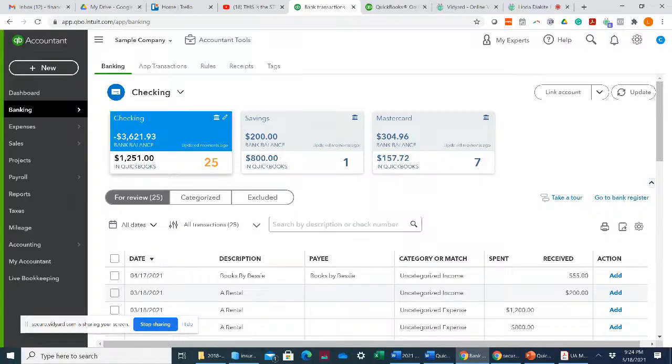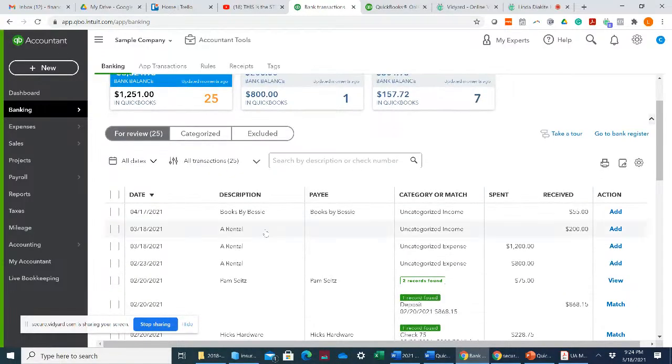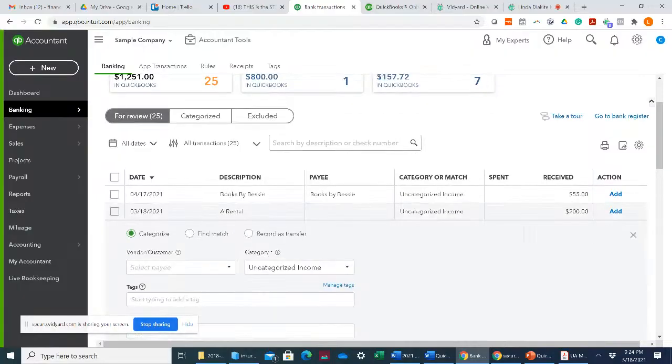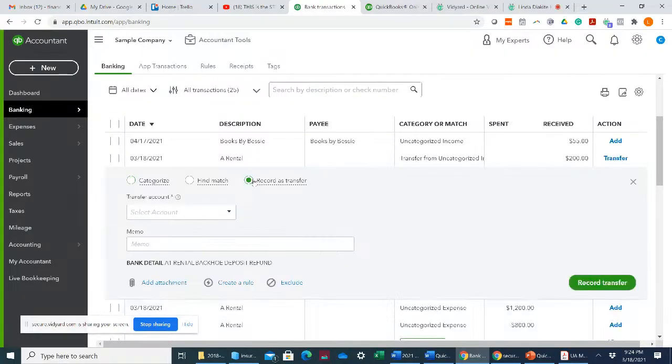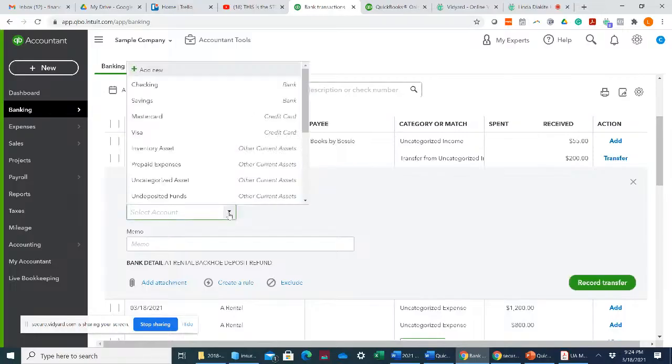You can do either, but you want to be careful. When you do a transfer, say for instance it's $200, you want to make sure you select the correct account. So if you're doing a transfer, you need to either transfer to a bank account or to a credit card account.